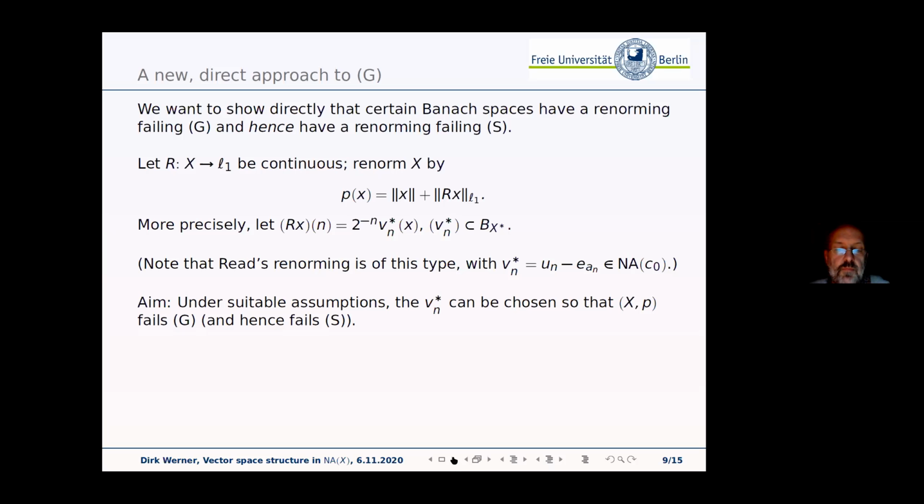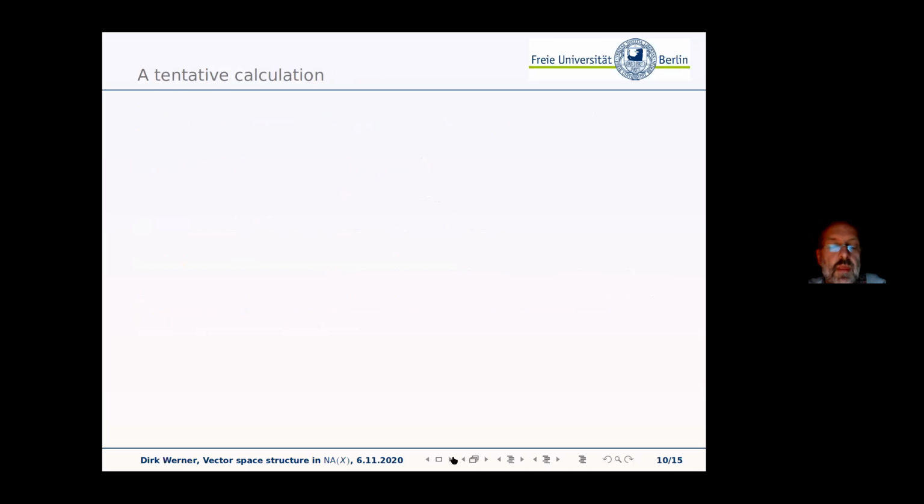So what can be said here? Let's just try to calculate and see how far we come. So certainly at some point we have to make additional assumptions, because for a reflexive space this will never work. It is always a subspace.